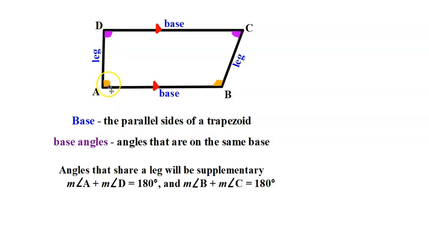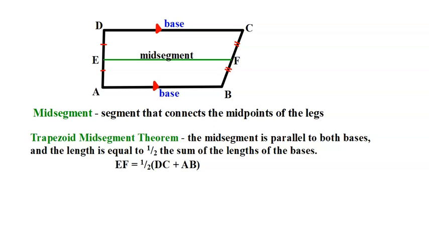Here angle A is pretty close to being a right angle, and angle B is very definitely obtuse. So, not an isosceles trapezoid, the base angles are not congruent. In any trapezoid, the mid-segment connects the midpoints of the legs, not the bases, and the mid-segment is parallel to both bases and is the length of the bases added up and divided by 2.